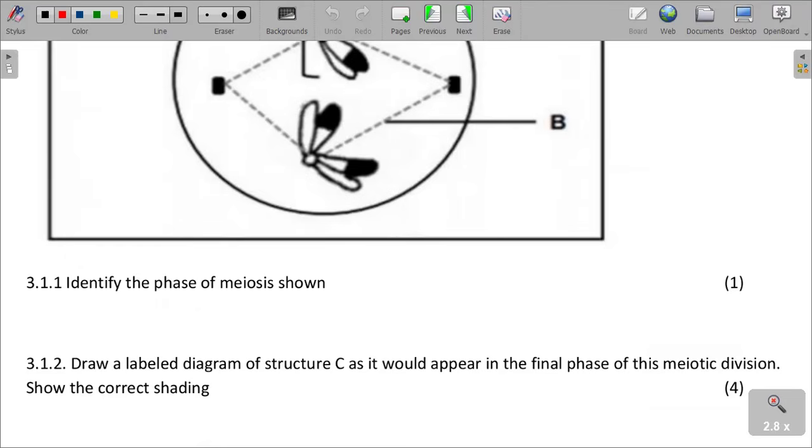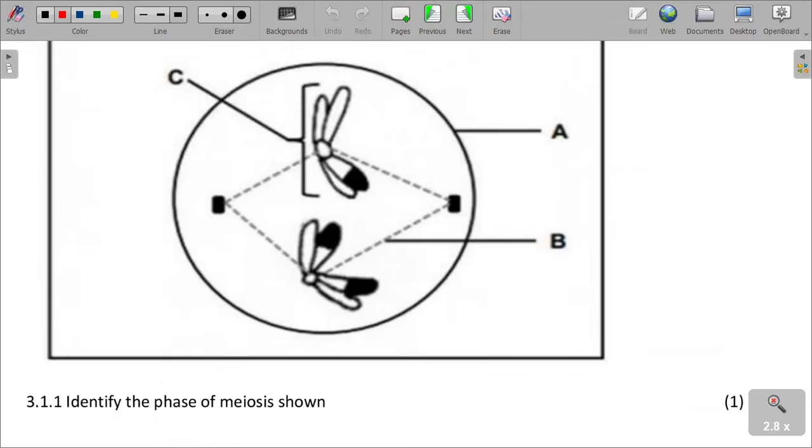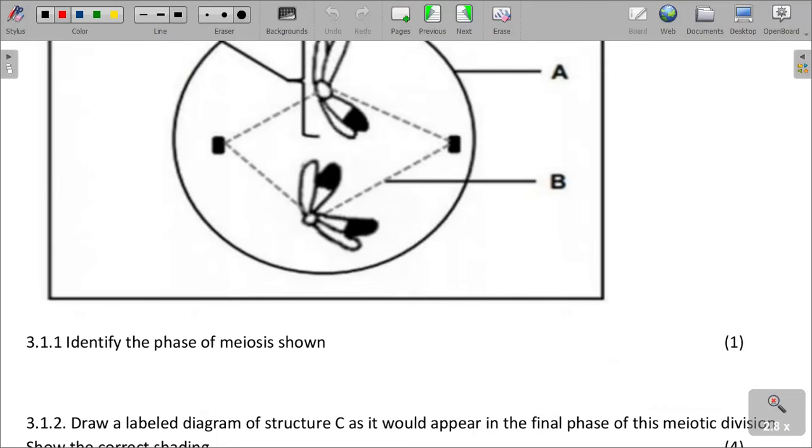The first question is saying, identify the phase of meiosis that is shown here. As we can see, this is metaphase 2.